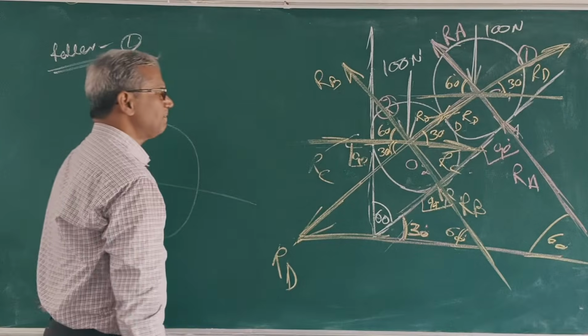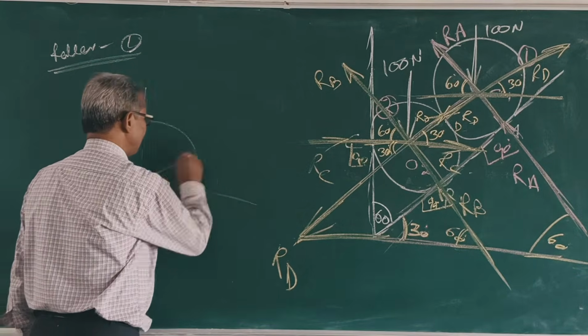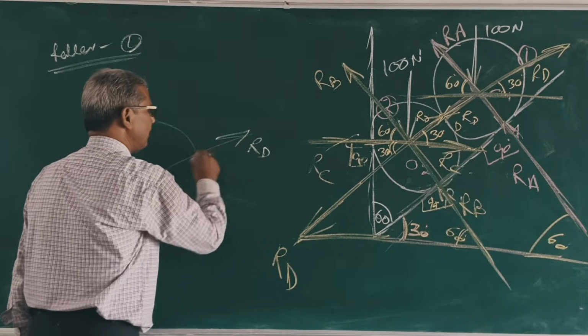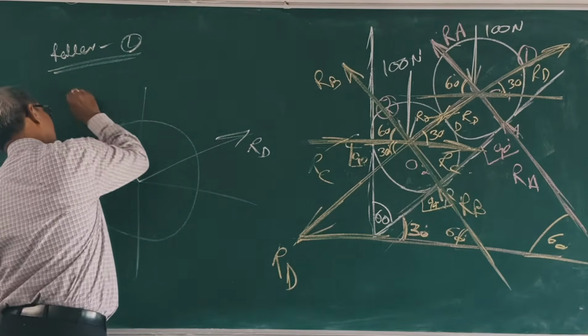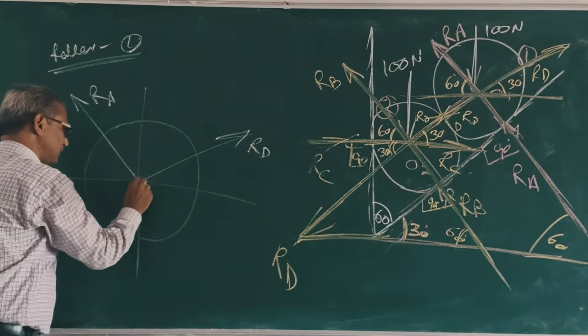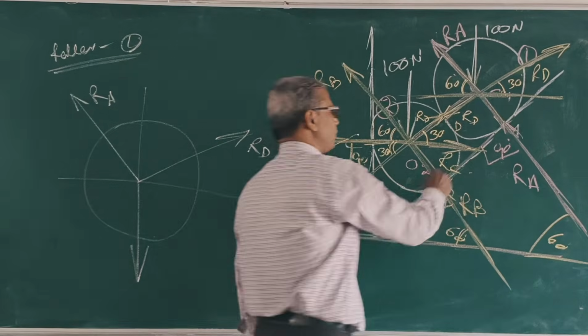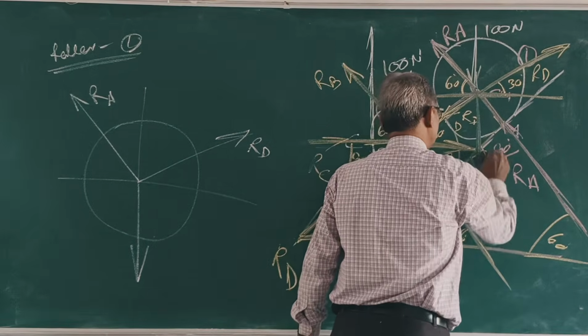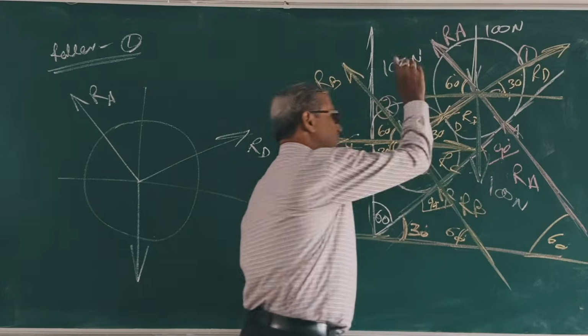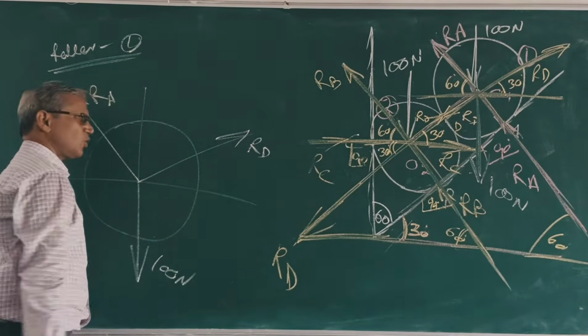For roller 1, this is RD, this is RA, and this is Q, the 100 Newton. What is Q equal to? 100 Newton. This angle is 30 degrees.